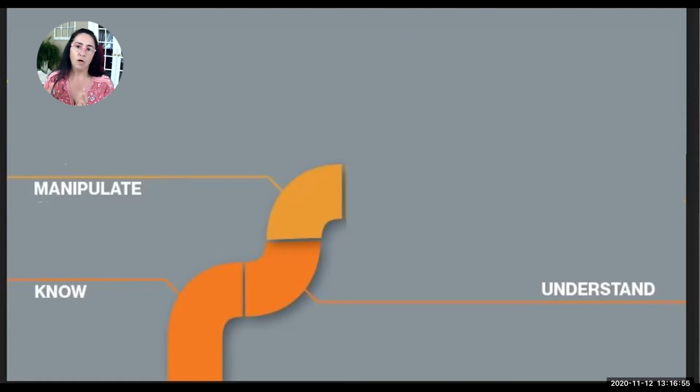They know descriptively, perhaps qualitatively, some information about how the data was collected, the methodology that was used, the research plan that was used as a guide. They understand that, and now they're ready then to manipulate the data.